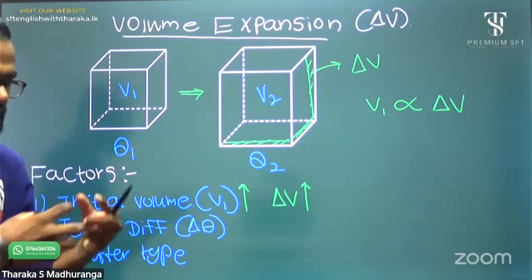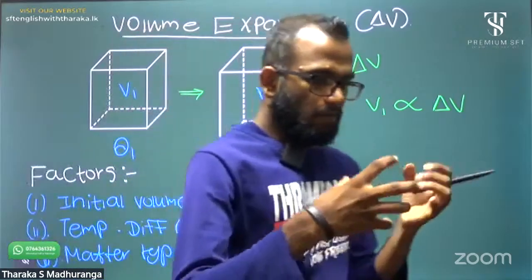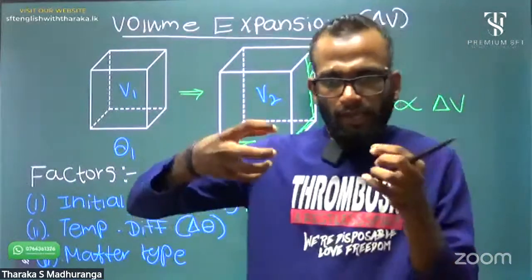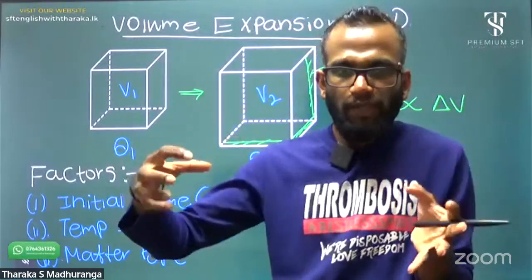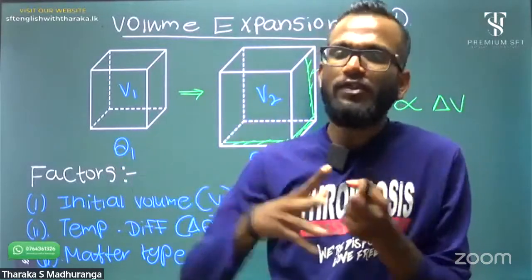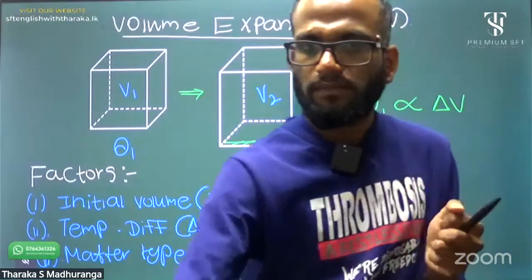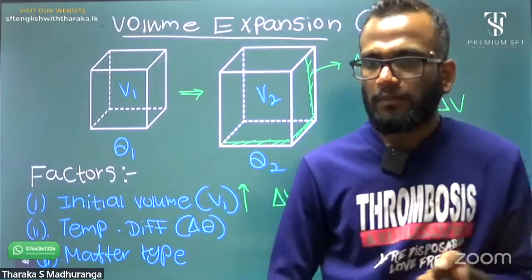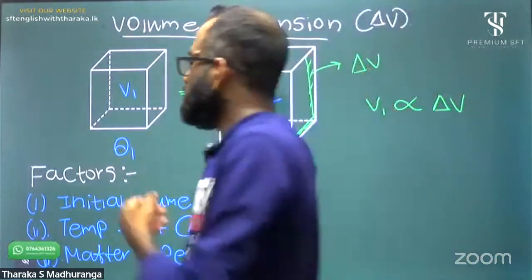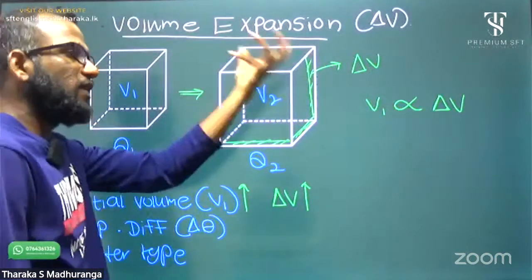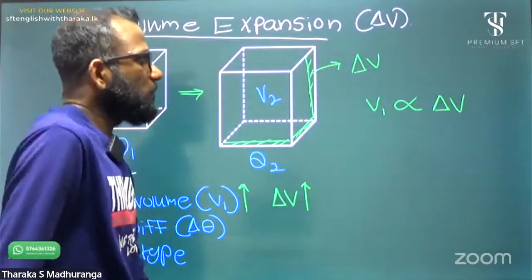When the number of molecules increases, the ability to expand increases. The reason is the huge number of molecules, so they get more space between molecules. Linear expansion and area expansion have the same reason.